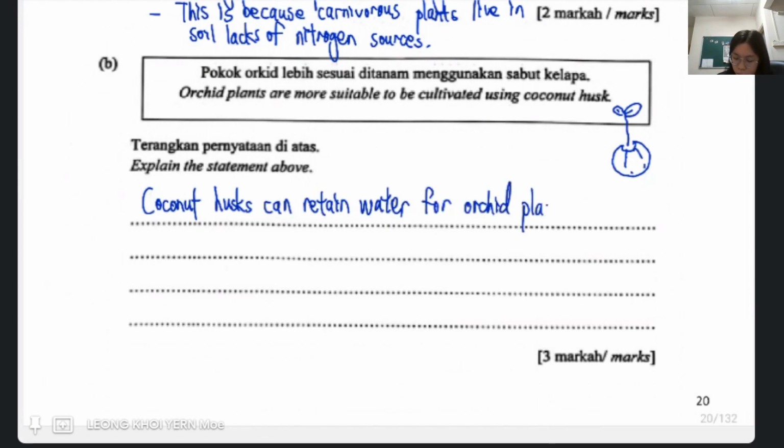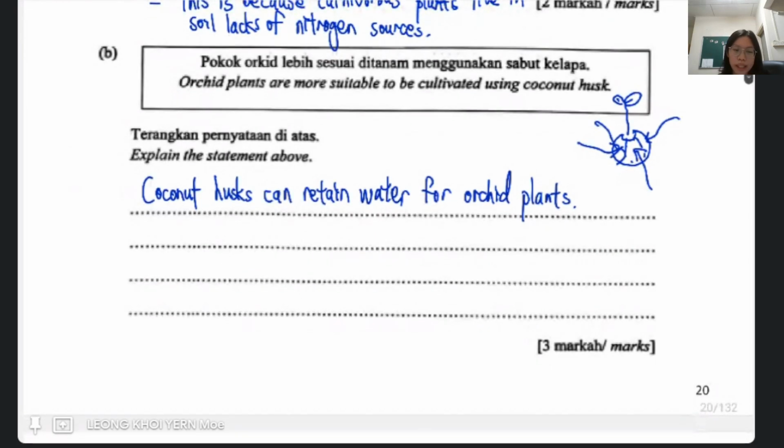Other than that, it can also provide aeration for respiration of the roots. Why? Because oxygen can flow freely in the coconut husk. That's why it can provide aeration.